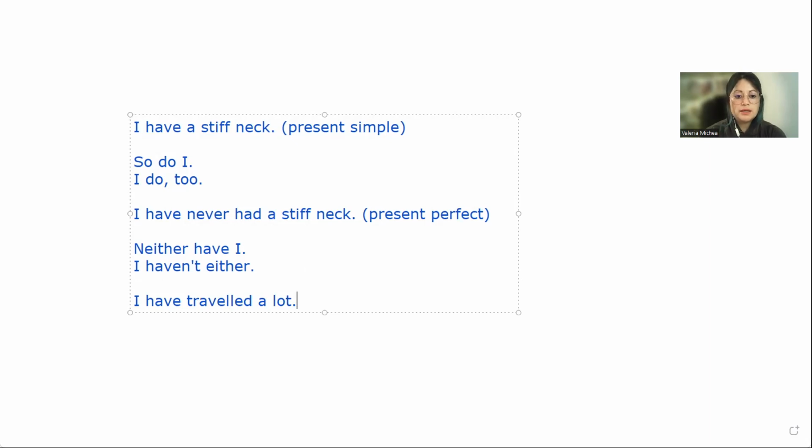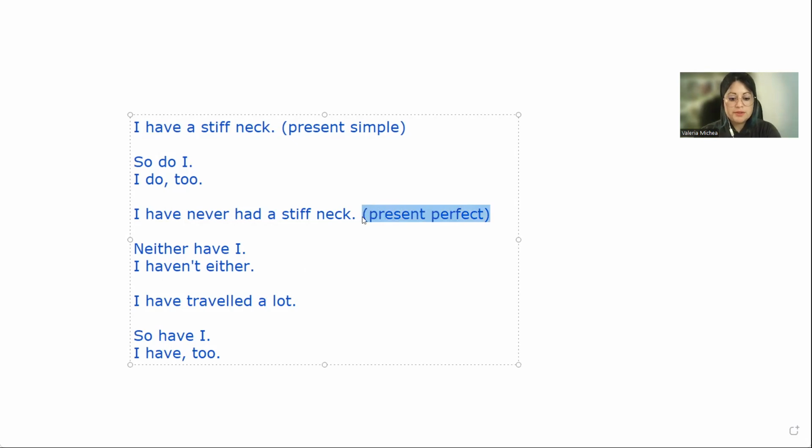It's a simple example. So "so have I," meaning I have traveled a lot too, or "I have too." All right, so that's when. This is also the present perfect, by the way. So present perfect, affirmative like this one or negative like this one, uses have in the answer. That's the idea.